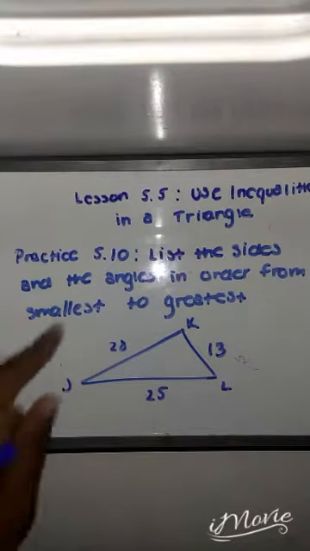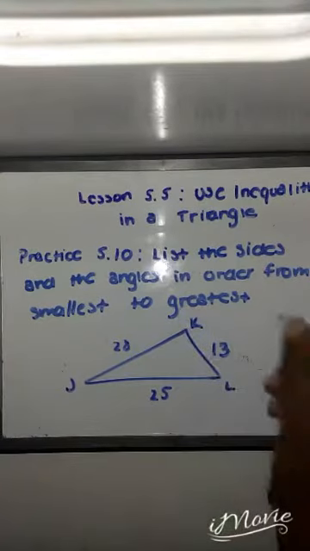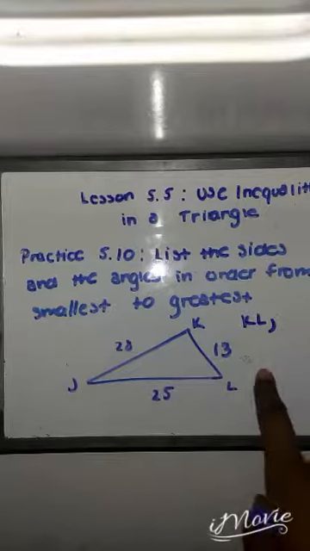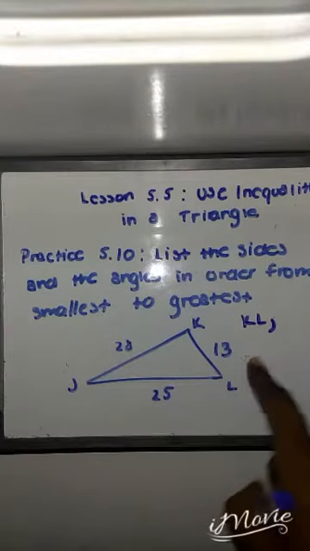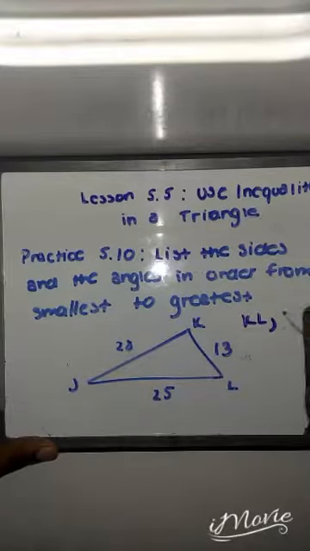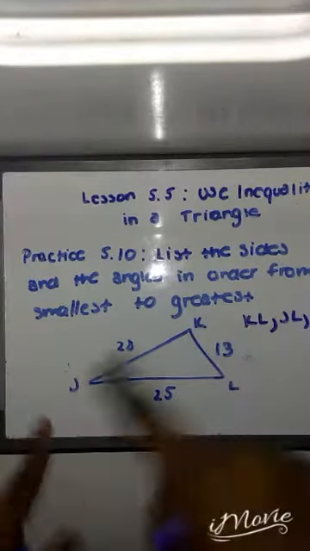So in this case, the smallest side is KL. So we put that one first. Second is JL. And then it's KJ, or JK.